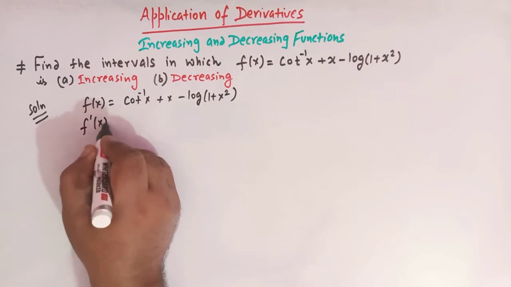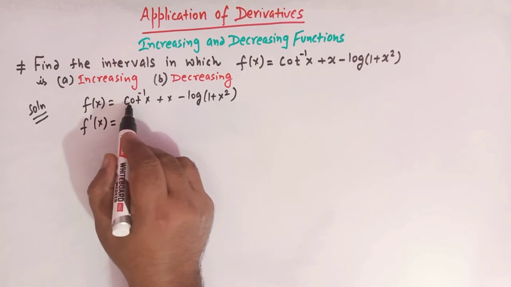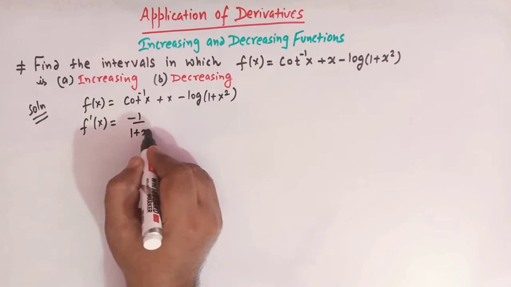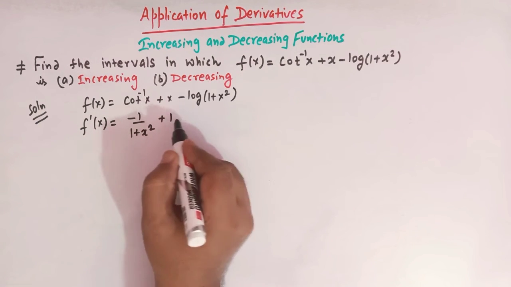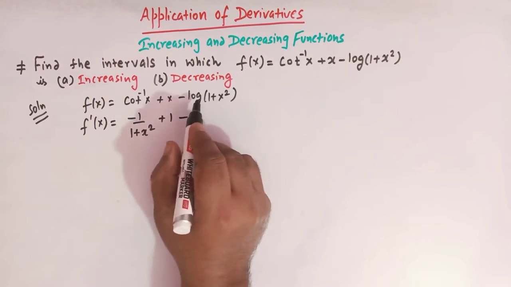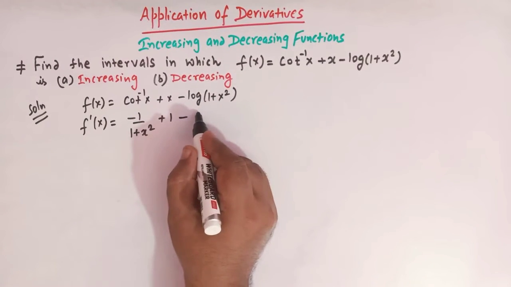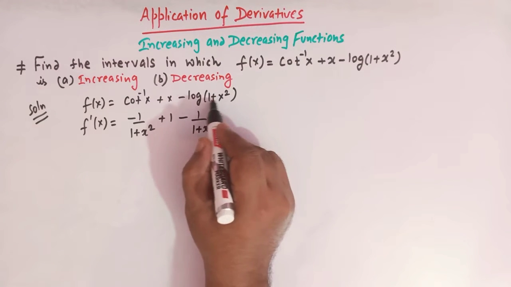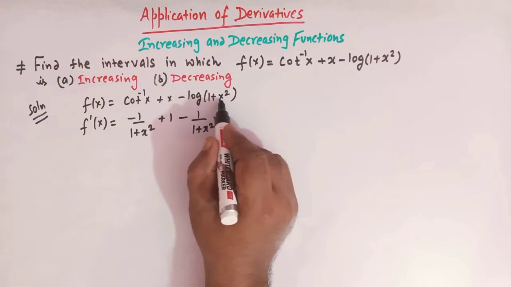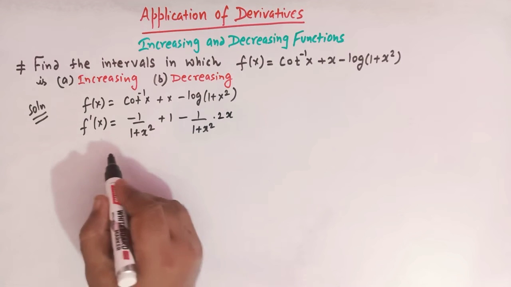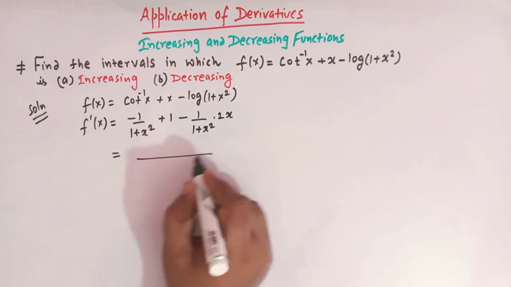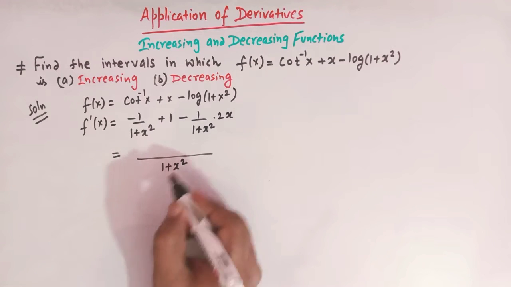So f prime of x is equal to the derivative of cot inverse x, which is minus 1 over 1 plus x square. The derivative of x is 1. The derivative of log of 1 plus x square is 1 over 1 plus x square, and then by chain rule the derivative of 1 plus x square is 2x. Now we can simplify this expression by taking 1 plus x square in the denominator.